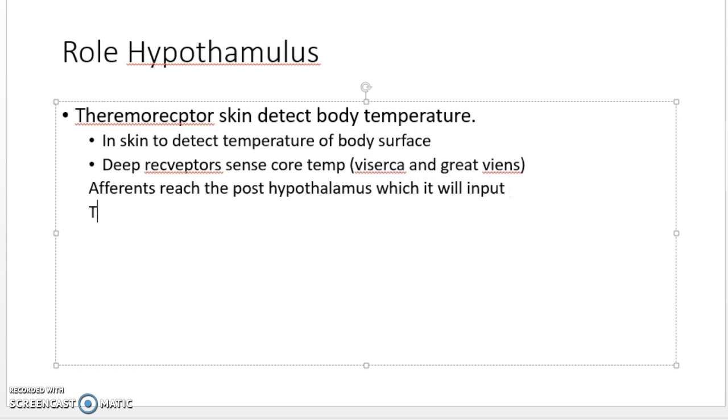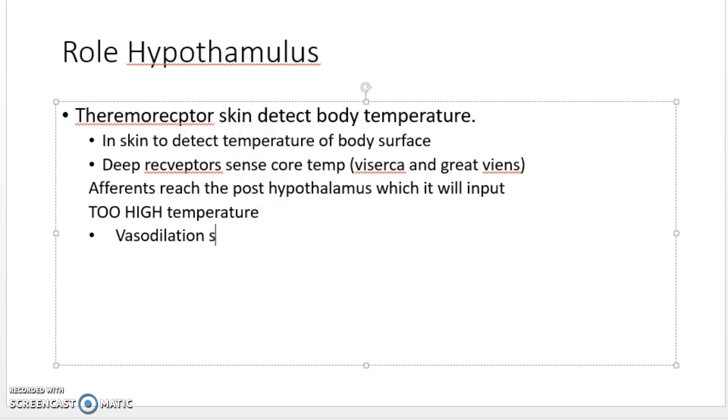Now I want to talk about what happens if the temperature is too high, and what the signs of this are. The number one sign is vasodilation. You should know this; it should be on the tip of your fingers.